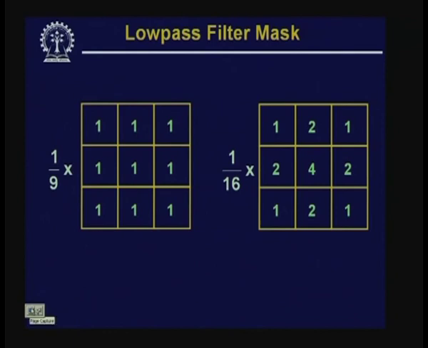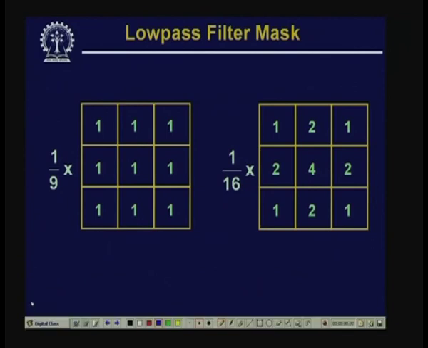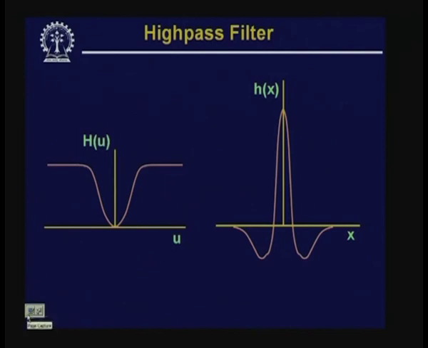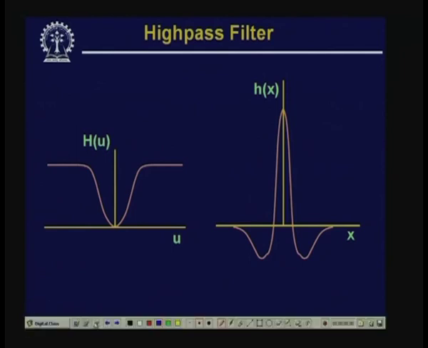Now, in the same manner as we have made the low pass filter, we can also make high pass filters using the Gaussian function. A high pass filter H(u) can be defined as a times (1 - e^(-u²/2σ²)).